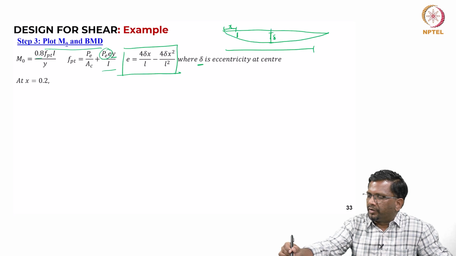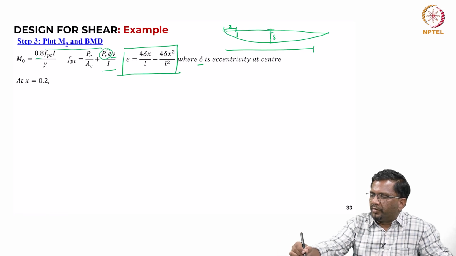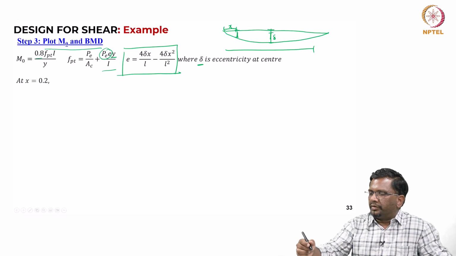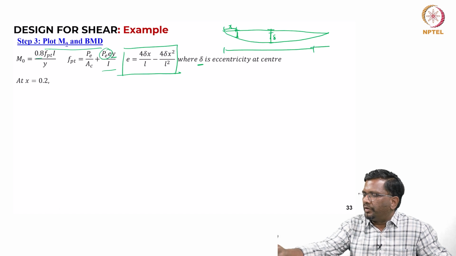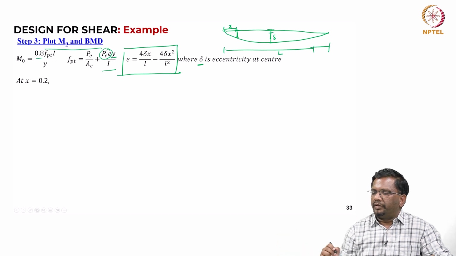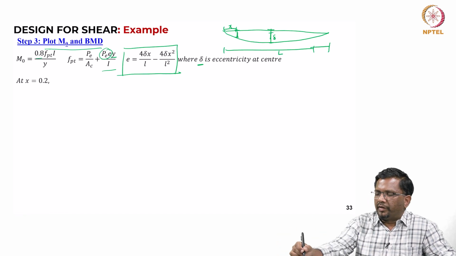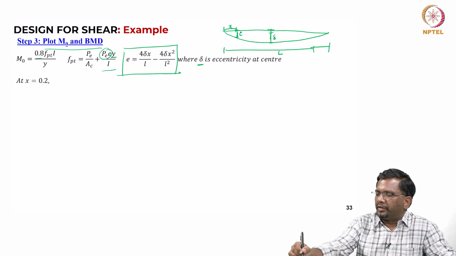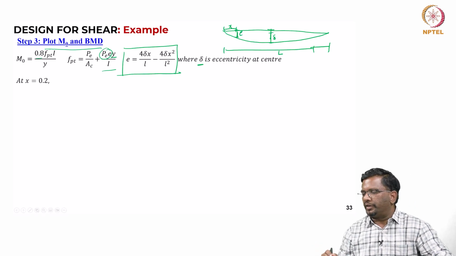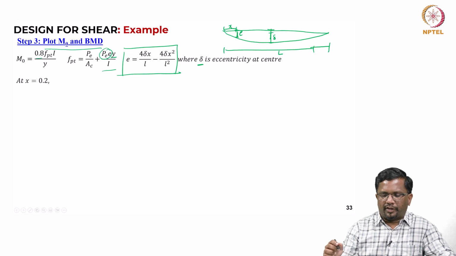Let us say this is your delta and this is where you are calculating this. So, this is your L, right. Now, I am calculating the eccentricity, let us say, at this point E. So, this is how we say it as an expression.